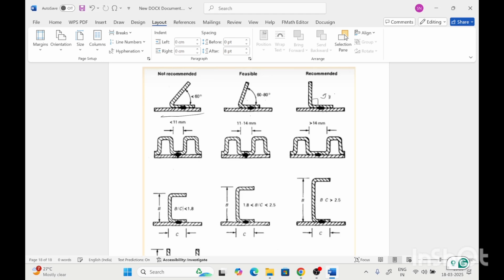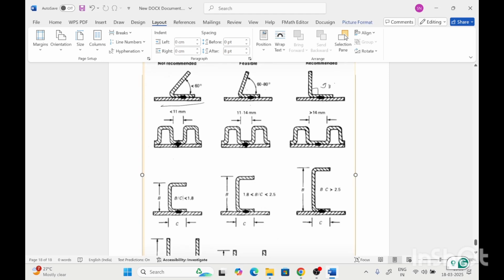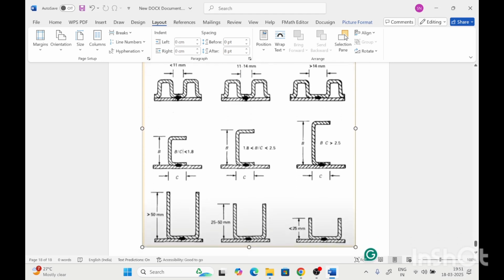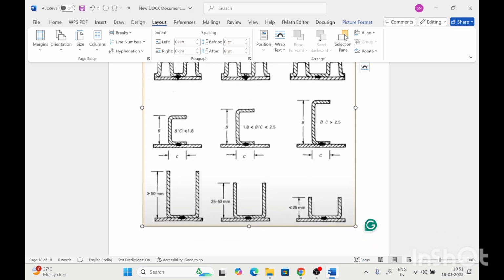Similarly, for creating good welding strength, the distance between these two curved shapes should be increased. In the second case, the C shape height should increase, so the welding joint will be good with a higher gap between the C shape.